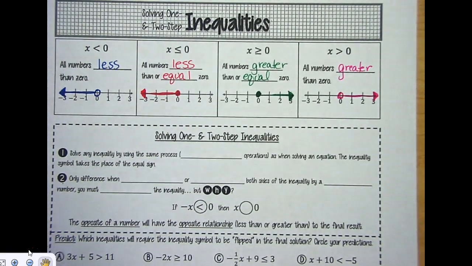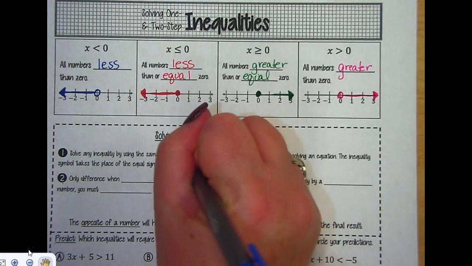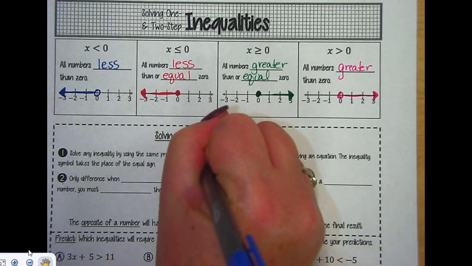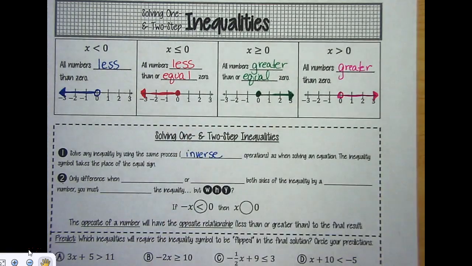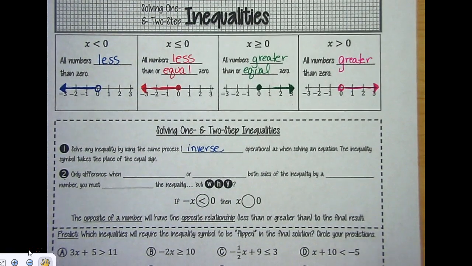Solving 1 and 2 step inequalities. Solve any inequality by using the same process, which is inverse operations, as when solving an equation. The inequality symbol takes the place of the equal sign.